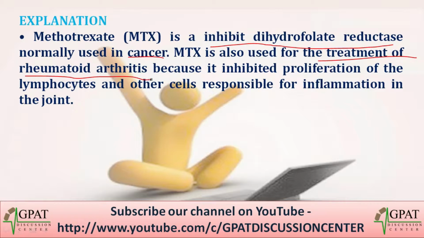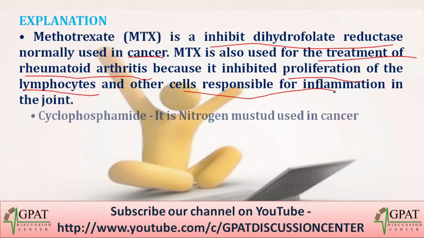Sometimes the question may also occur, what is the use of methotrexate? The answer is rheumatoid arthritis, and the reason is that it inhibits proliferation of the lymphocytes and other cells responsible for the inflammation in joints.